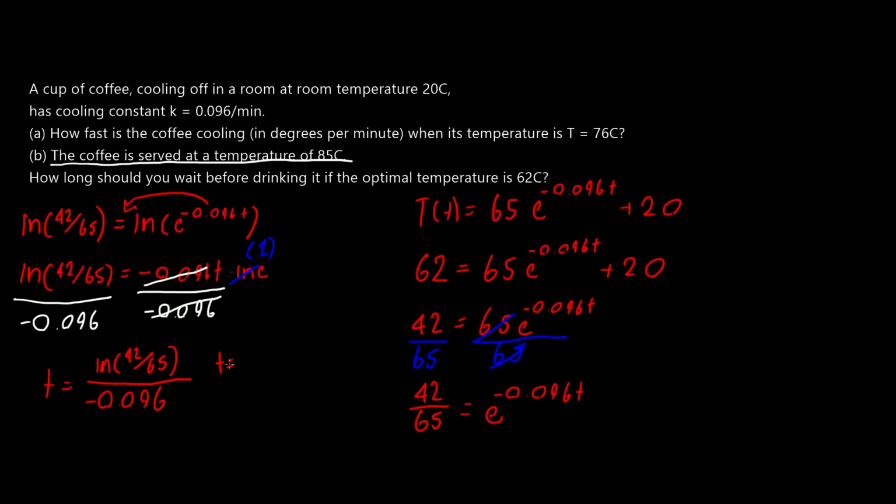So once you plug that into a calculator, you will get t equaling 4.549, and that'll be in minutes. This means that at minute 4.5, our cup of coffee reached its optimal drinking temperature of 62 degrees. So in other words, it took the coffee about 4.5 minutes to cool down to 62 degrees.